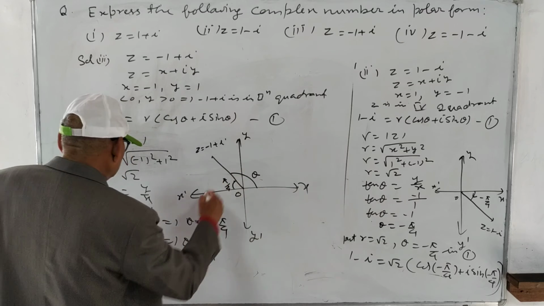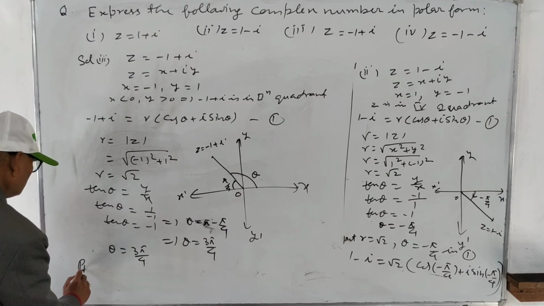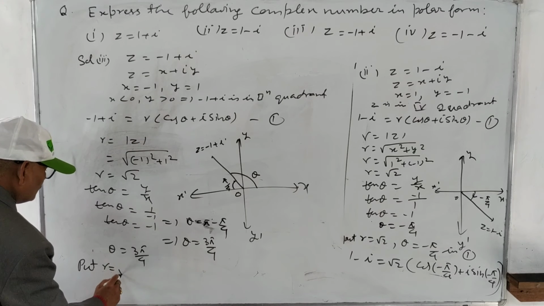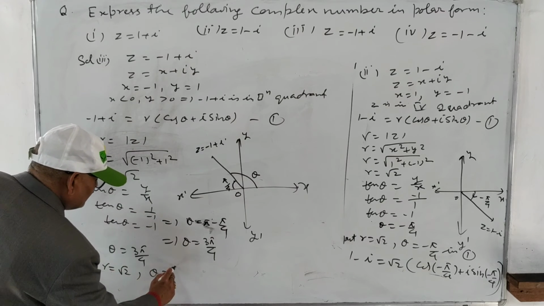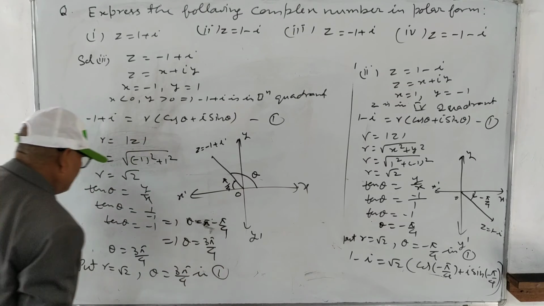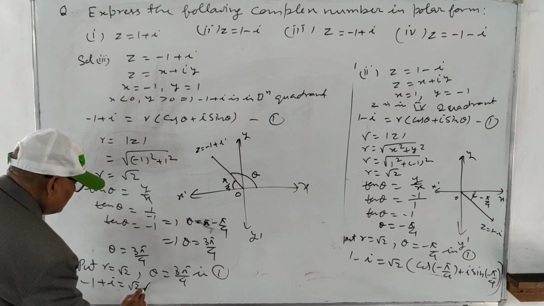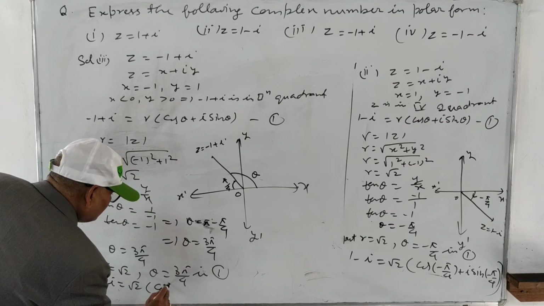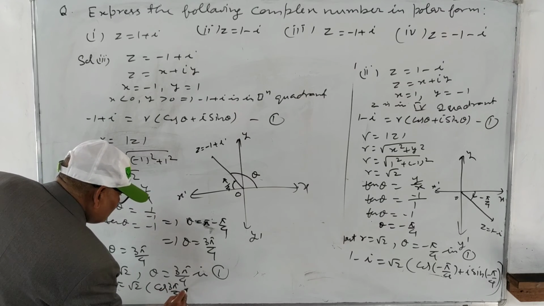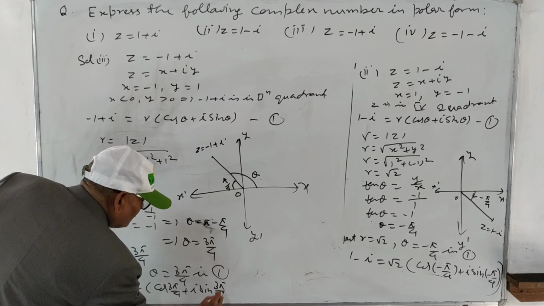So this angle theta is 3 pi by 4. Now put r equal to root 2, theta equal to 3 pi by 4 in 1. We get minus 1 plus i equal to root 2 in the bracket, cos 3 pi by 4 plus i sin 3 pi by 4.